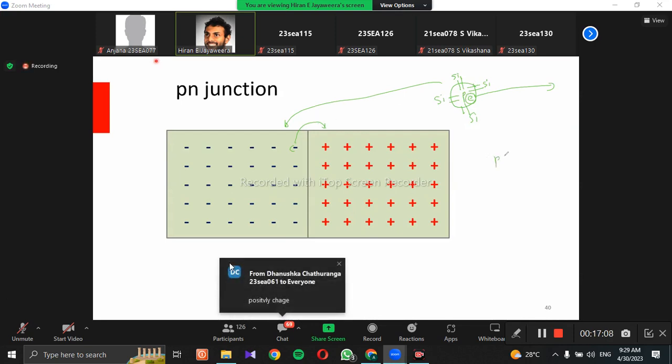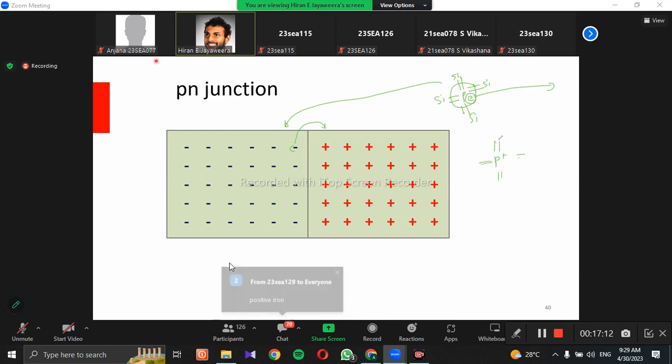So this becomes positive because that electron is gone, though it still makes 4 different bonds, right? So this becomes P plus, but although it is positively charged, can we move this one? No, we can't, because it is heavy and it's in this lattice. You can't move it.